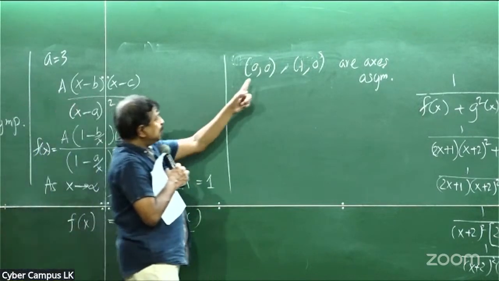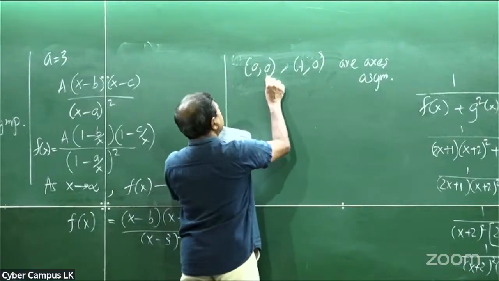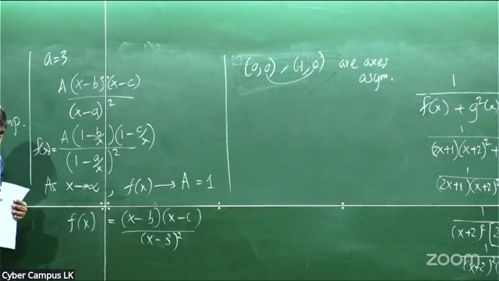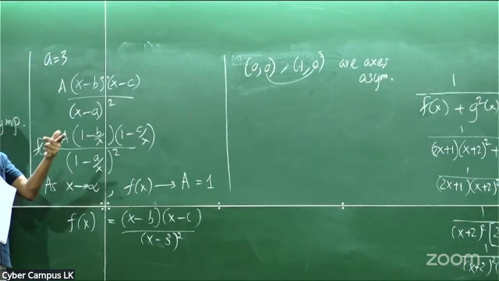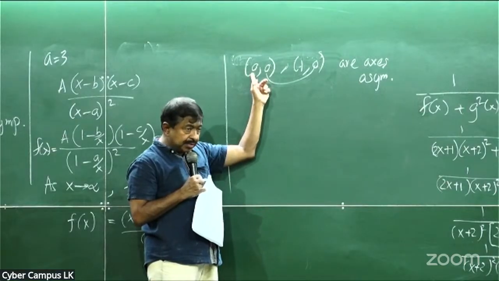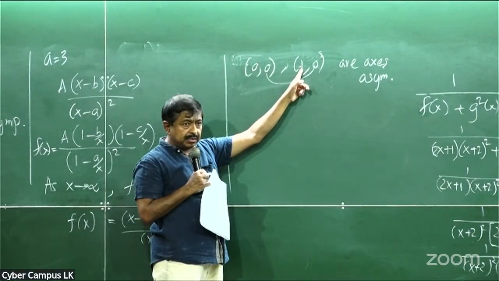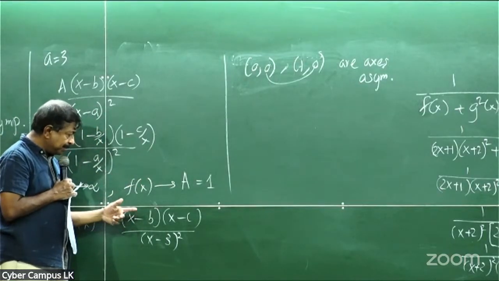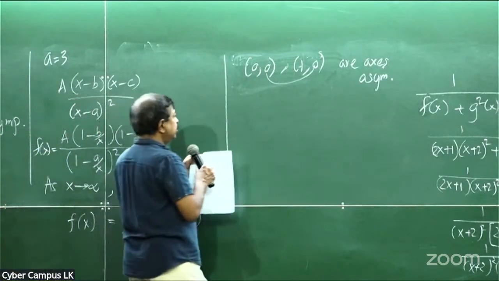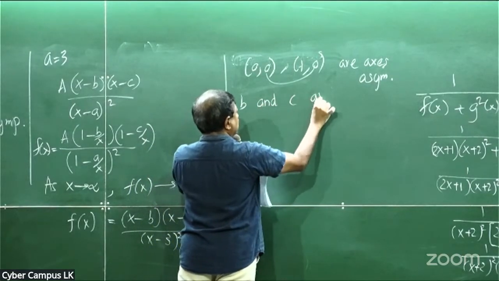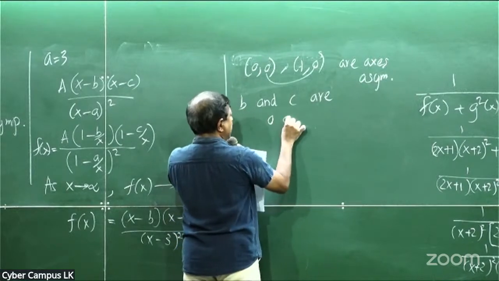You know, y is 0 when x is either 0 or 1, right? That means you need to have a factor like this. One factor in the upstairs should be x. The other is x minus 1. You don't have to clearly find b and c. So b and c are 0 and 1.